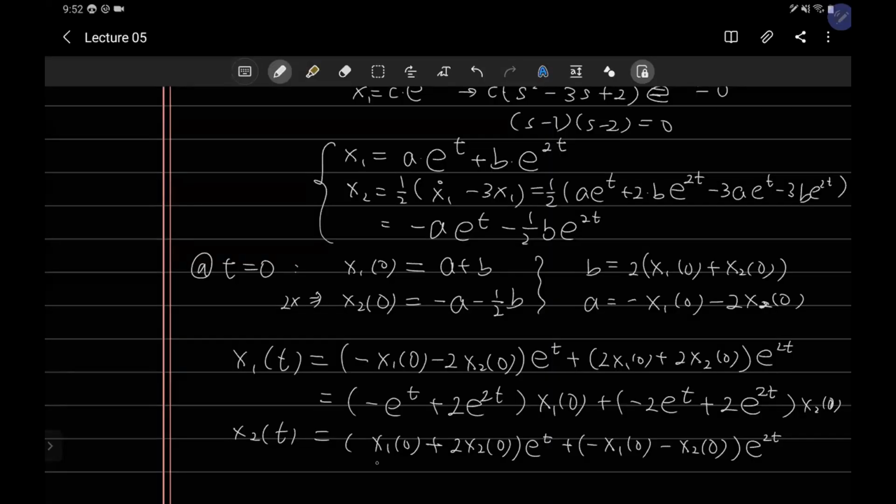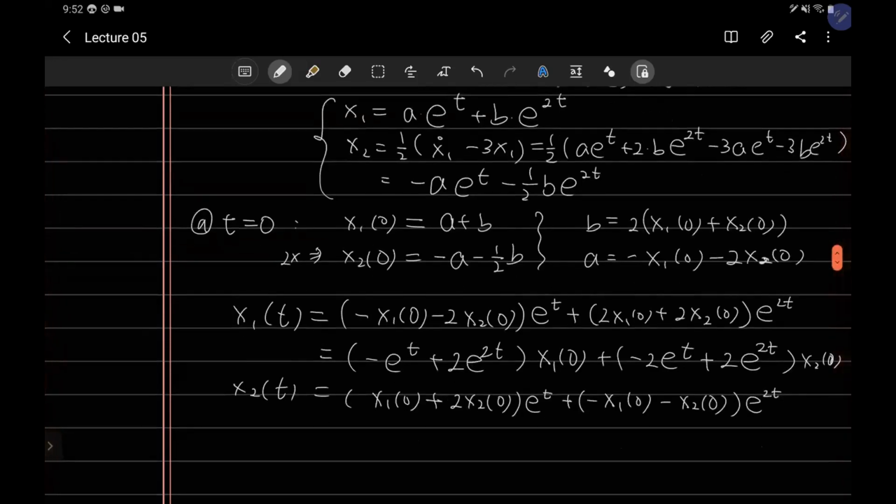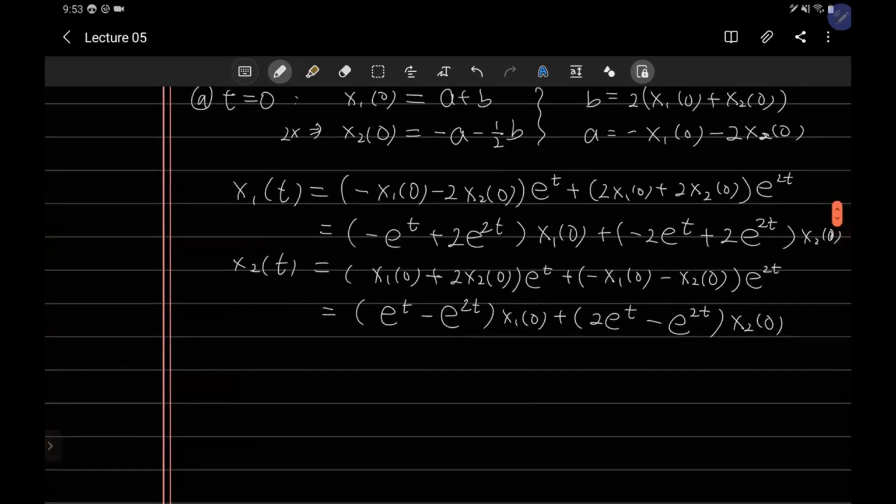Then we would have this expansion, and then again, if we rewrite in this way, we would obtain this result. And finally, let me rewrite this finding in the form of the matrix equation.